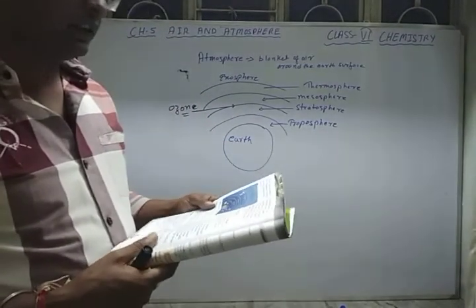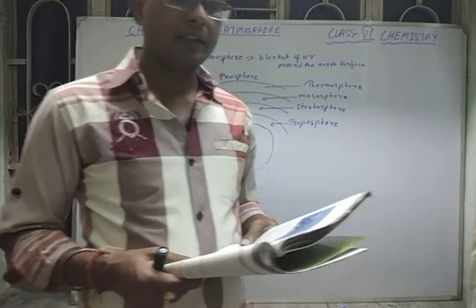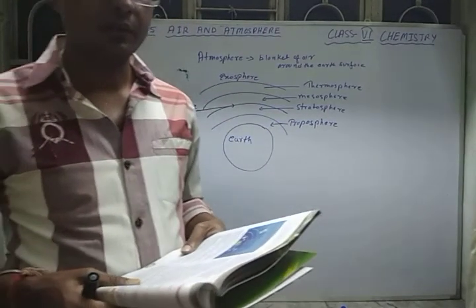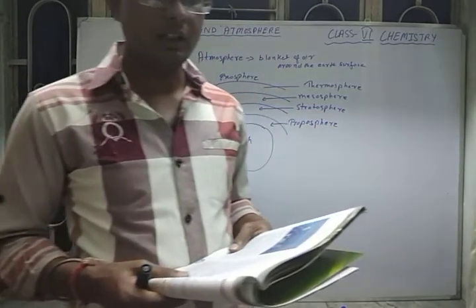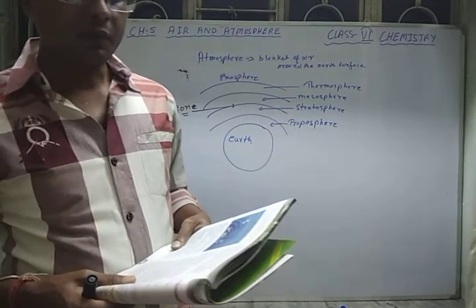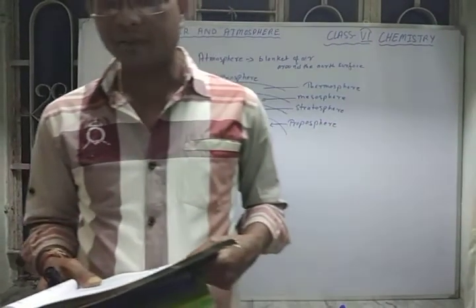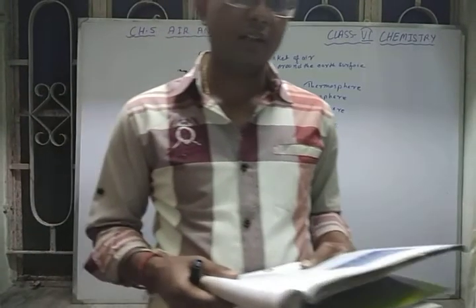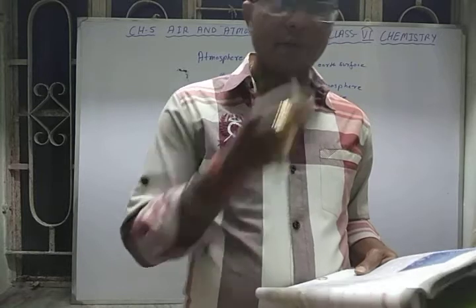So this is about the different layers of atmosphere above the Earth's surface. This atmosphere makes it possible for the Earth to sustain life. It provides gases essential for life, such as oxygen and carbon dioxide, and it prevents the Earth from becoming excessively hot and cold.